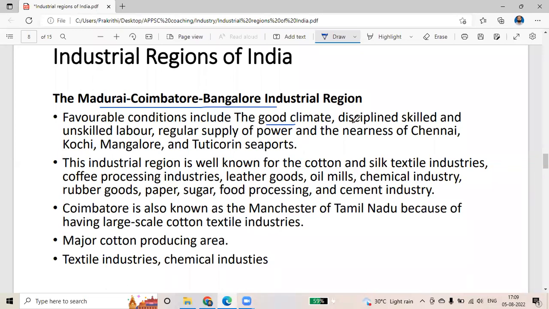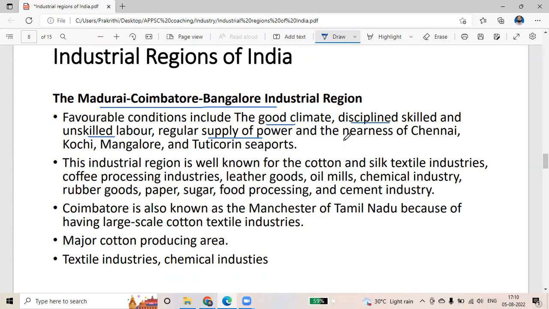Other than this, disciplined and skilled and unskilled labor से उसी एरिया पे regular supply of power. Even the Kozhikode power plant, nuclear power plant भी इसके सामने है. So power supply is there. Neyveli lignite, we know that. तो ये सब इसके सामने है. So power supply भी है.